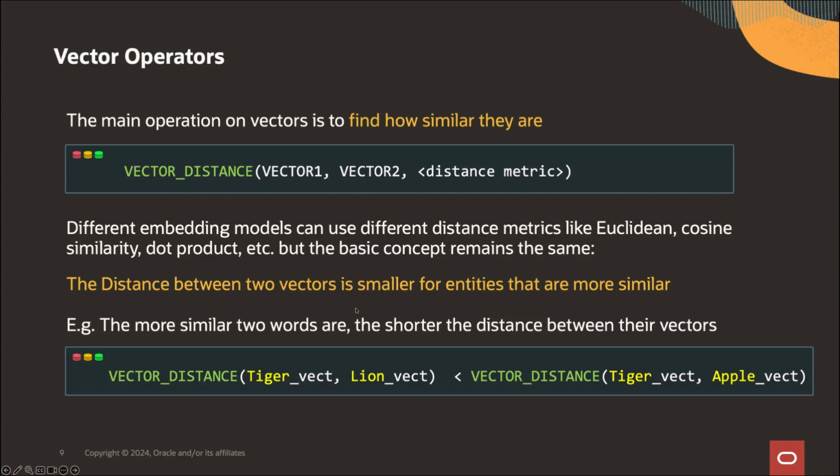With this capability, you can understand if what we have provided, for example a tiger vector, is nearer to a lion vector compared with an apple vector. In this way, you can retrieve from the database concepts that you can use in the retrieval augmented generation that we have seen so far.